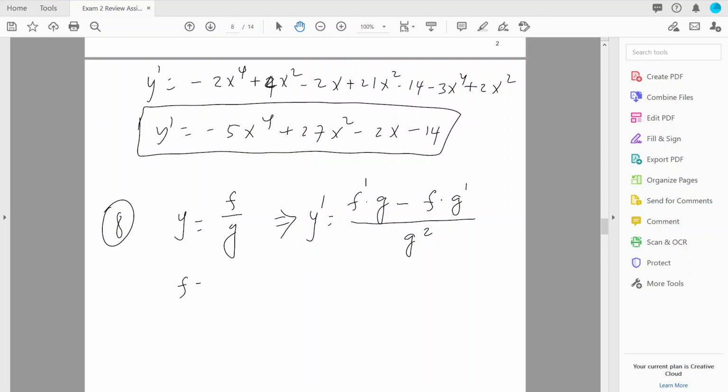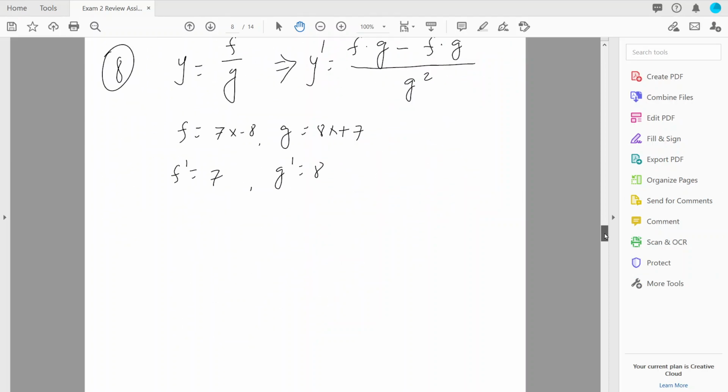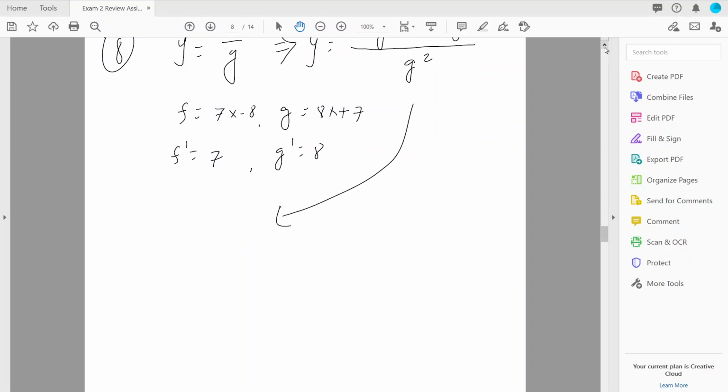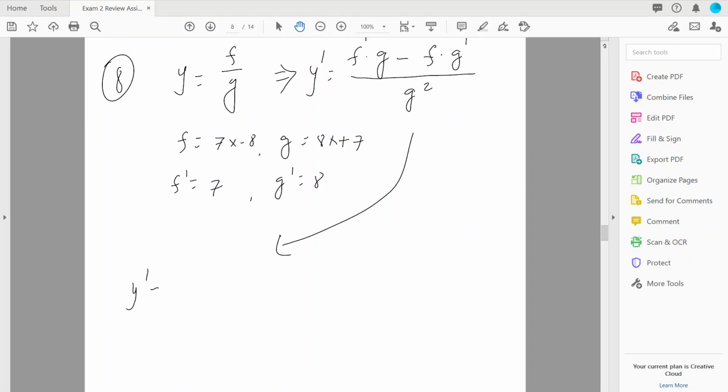In our case, f is 7x minus 8, and g is 8x plus 7. So we can find f prime, which is 7, and g prime, which is 8, and we're going to use these values back in this formula, and eventually y prime would be 7 times 8x plus 7 minus 8 times 7x minus 8, over 8x plus 7 squared.